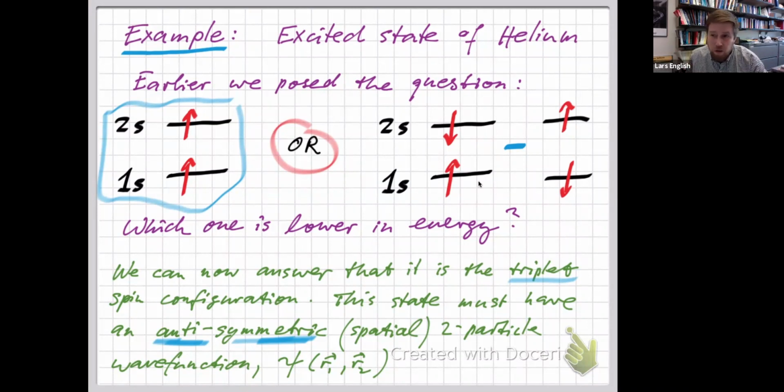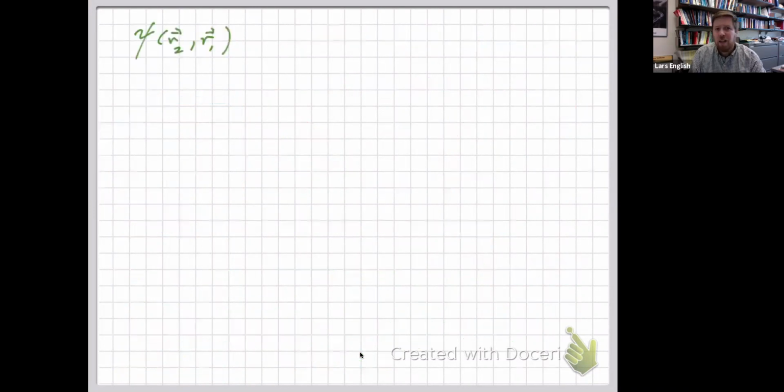Therefore, the spatial wave function has to be anti-symmetric if the spin is symmetric. So this has an anti-symmetric spatial two-particle wave function psi of r1, r2 under exchange of particles. So there's a minus sign there. When I flip r1 and r2, I pick up an additional minus sign.